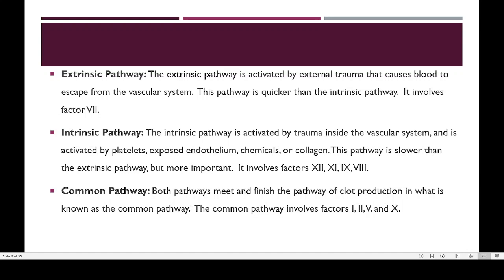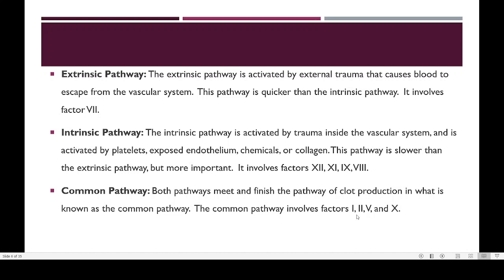Now the third pathway is what we call the common pathway. In the common pathway, both pathways meet and finish, finally helping in clot formation.